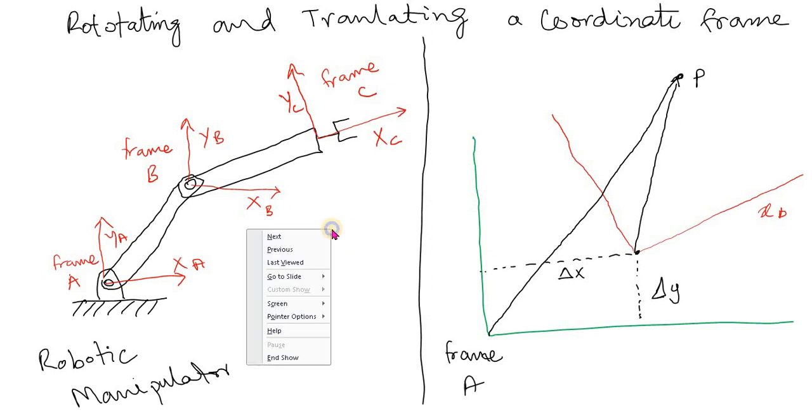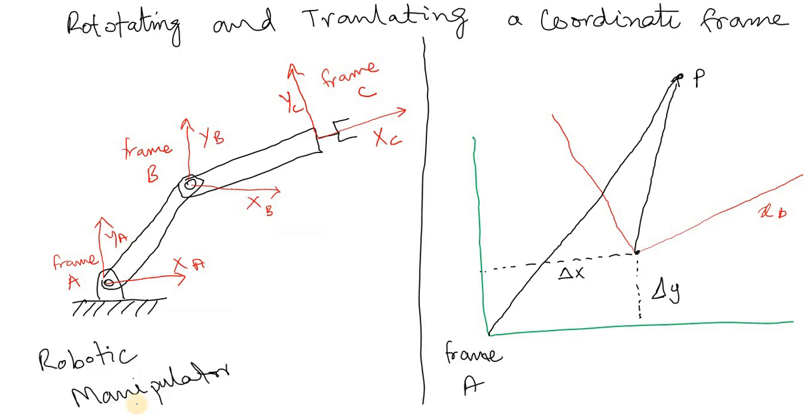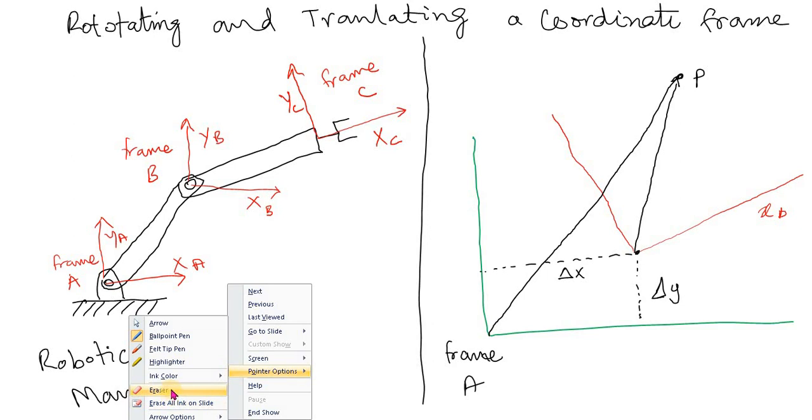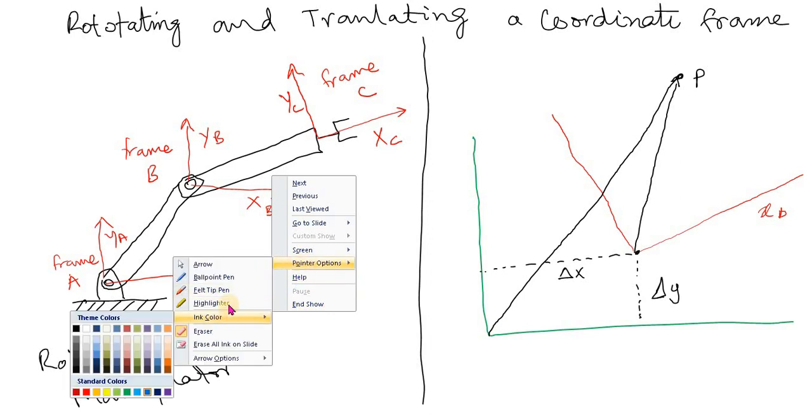So what we want to find here is the coordinates of this point P in your frame A. Let's write it in the same color.